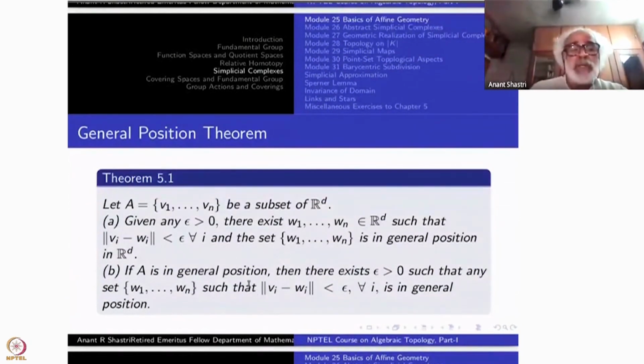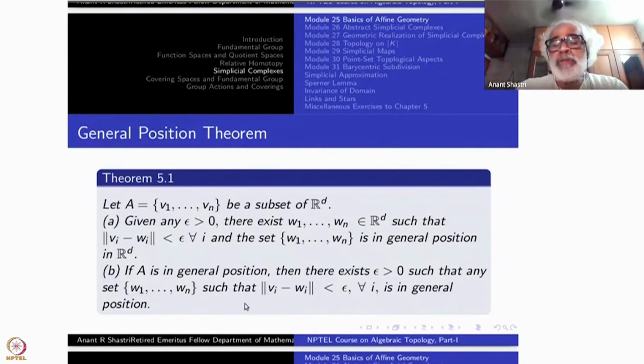Next, part B says if A is already in general position, then there exists an epsilon positive such that any set W1, ..., Wn which satisfies this property is already in general position.